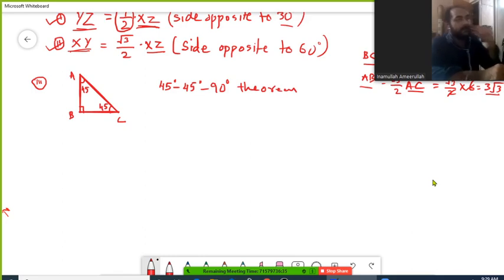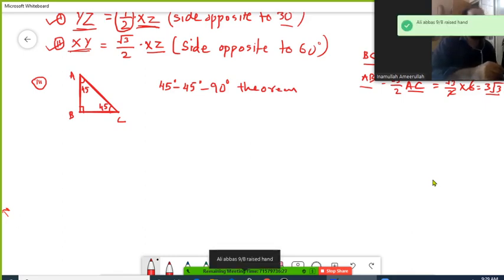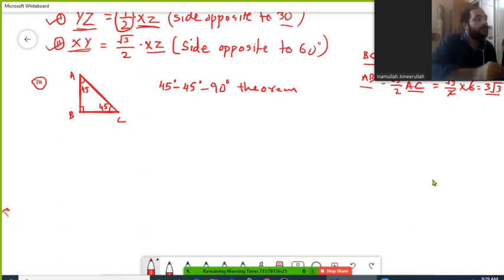What is meant by this theorem? So I would like to give you a statement. Here you can say AB is equal to BC. Why they are equal, that is important.